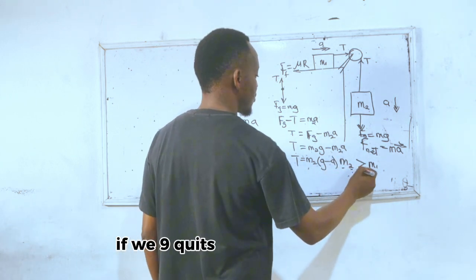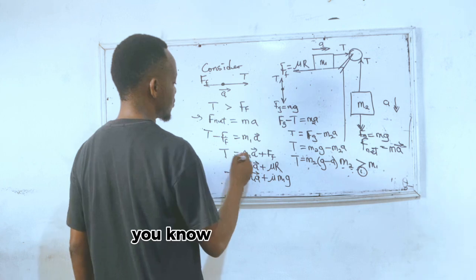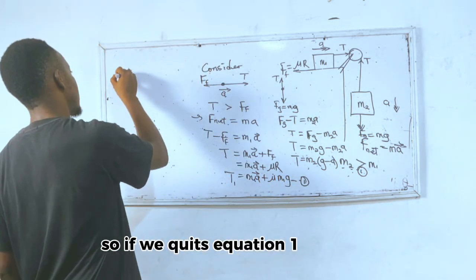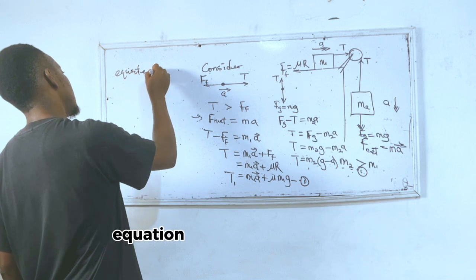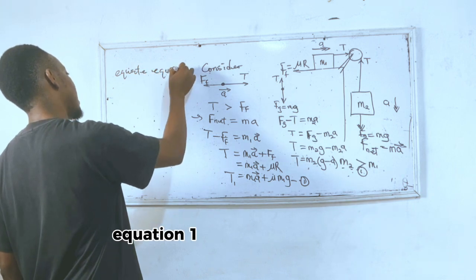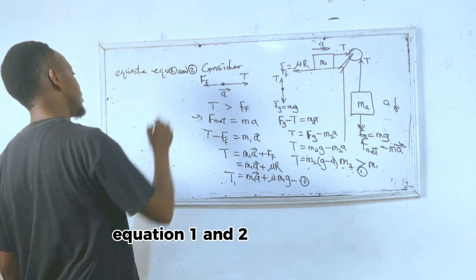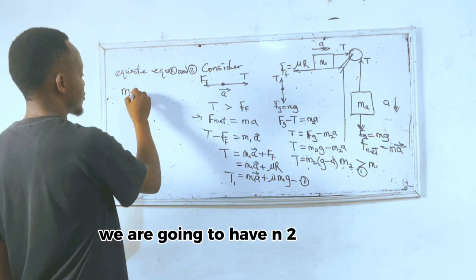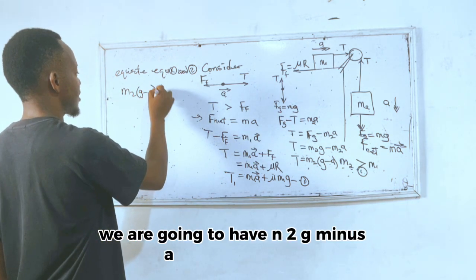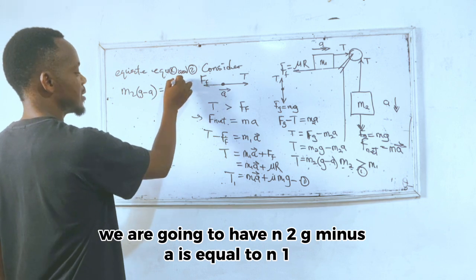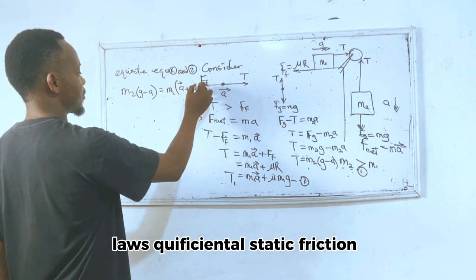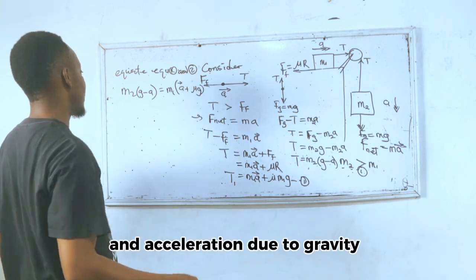Here, we now equate equation 1 and 2. We know that this is equation 1. So if we equate them, we are going to have m2 times g minus a is equal to m1a plus the coefficient of static friction times m1 and the acceleration due to gravity.